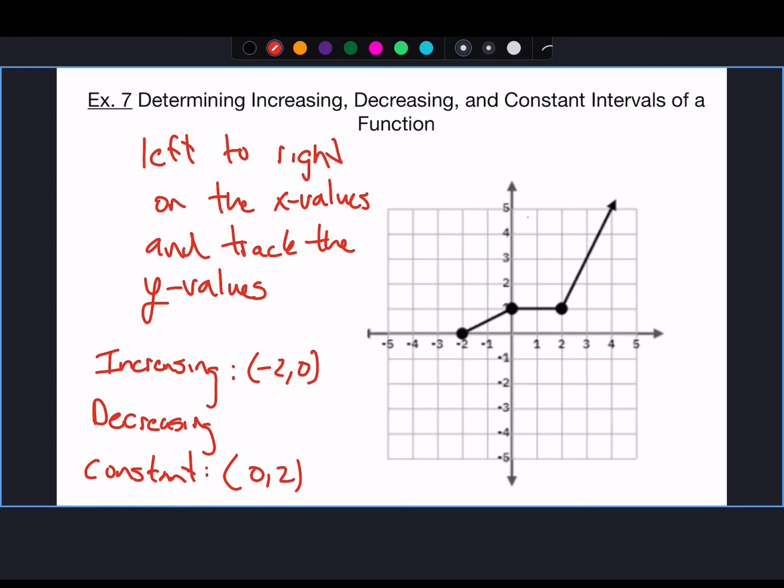And then what does it do from 2 to infinity? We increase from left to right from 2 to infinity. Are there any intervals where we're decreasing? No. So we just write none.